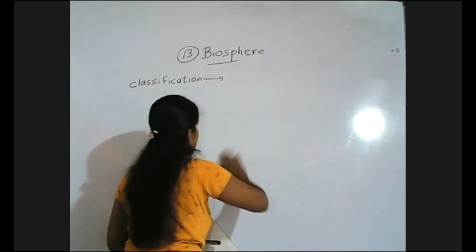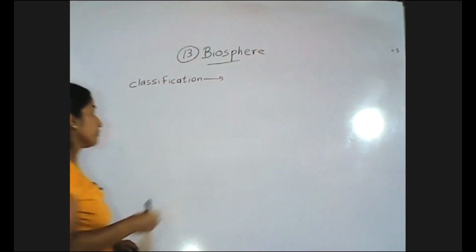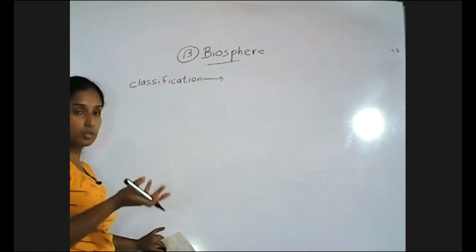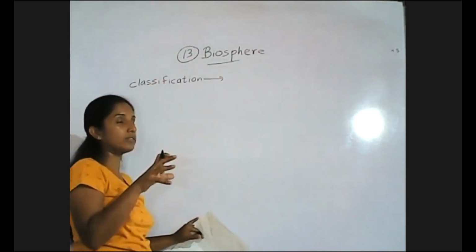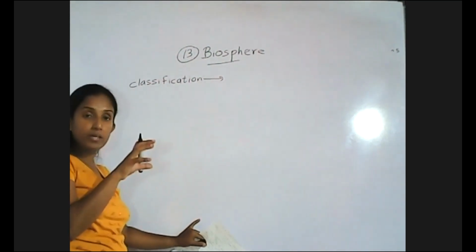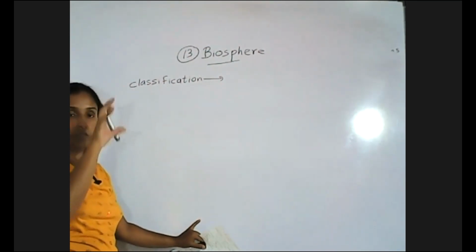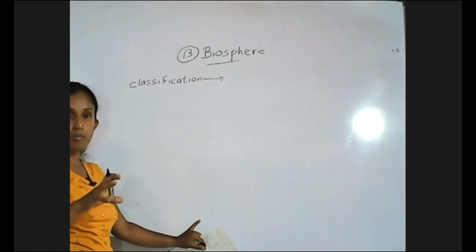Can you remember what classification is? What do you mean by classification? We group the animals or the plants, grouping the organisms into different levels, or different categories, based on their common features.